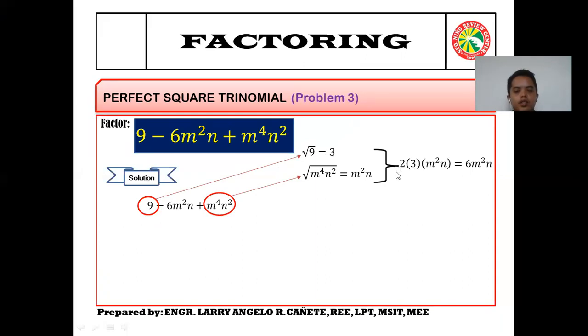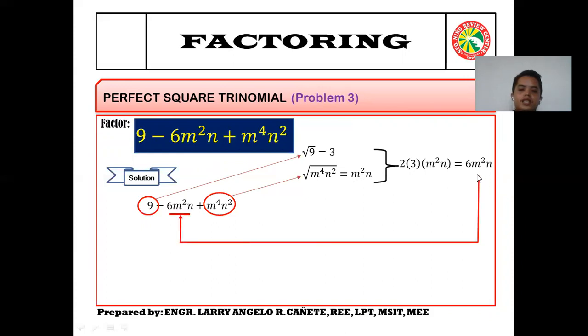So 2 times 3 and m squared n. So the result is 6m squared n. Check if it is the same as the middle term. So therefore, 6m squared n here is just the same as your middle term.